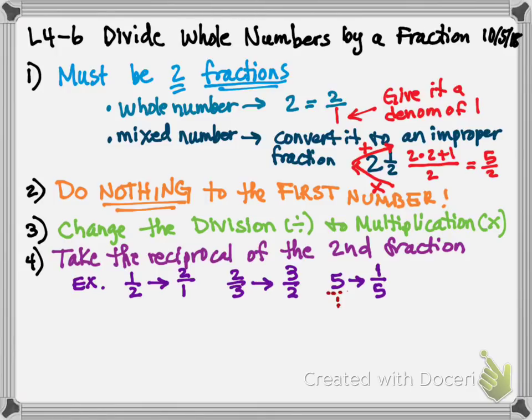If I have a mixed number, I can't do a reciprocal until I first change it into an improper fraction. So 2 times 1 is 2, plus 1 is 3, and then a denominator of 2. That's an equals because 1.5 and 3/2 are equal to each other. And then the reciprocal would be 2/3.